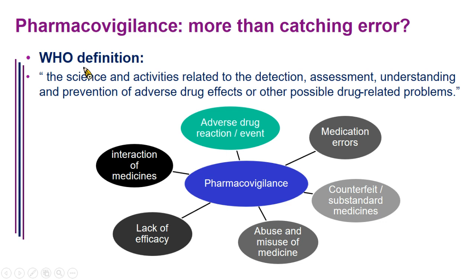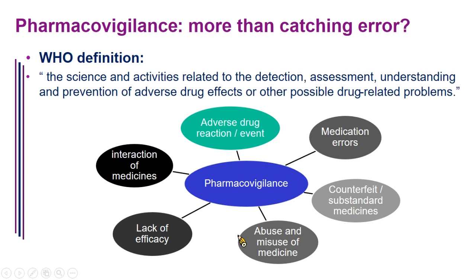During the pharmacovigilance monitoring phase, we can look at all these several things. The most important is to collect data for the ADR or the adverse drug event, but you can also observe any other things that you think are worth looking at, such as interaction of medicines, or whether there's a lack of drug efficacy, or any issues regarding abuse or misuse of medicine.